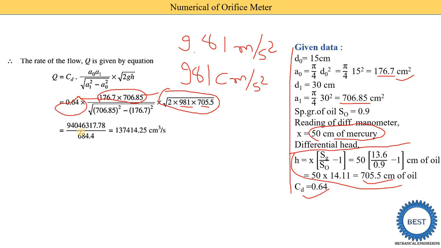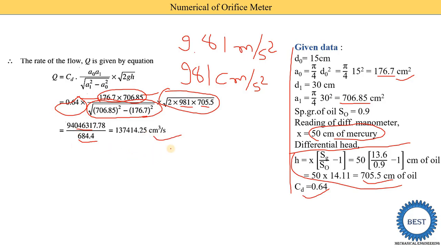Then we get the answer 940466317.78. Then we solve this part, and the answer of this part is 684.4. Then this value is divided by 684, we get this answer, that is 137414.25 centimeter cube per second.